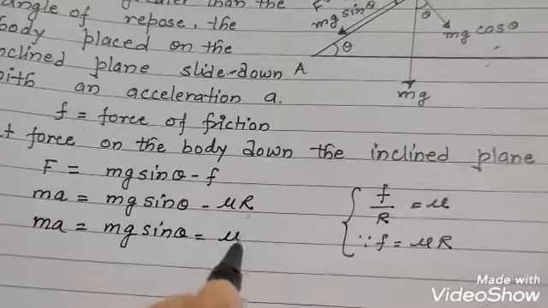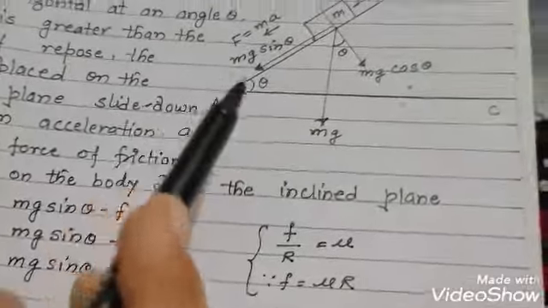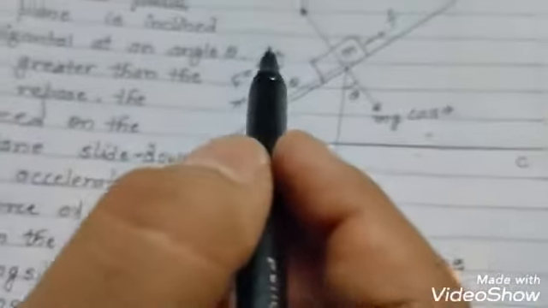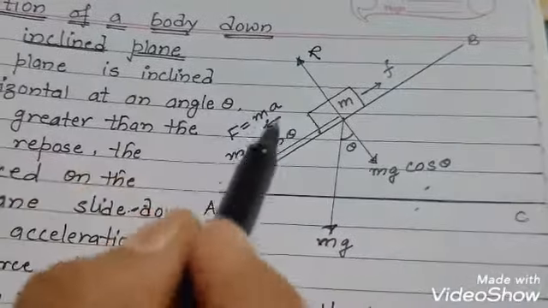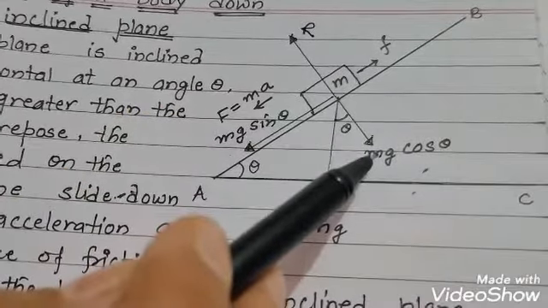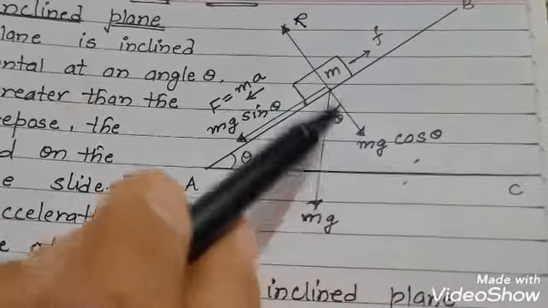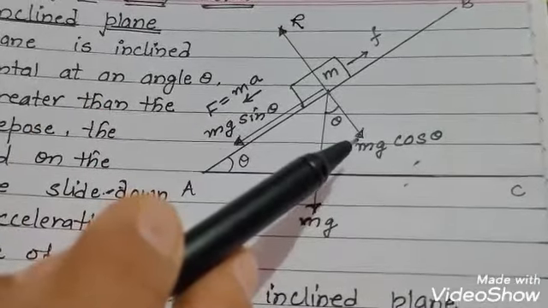Now from the figure you can observe that the normal reaction R is balanced by mg cos theta. So in place of R we can write mg cos theta here.